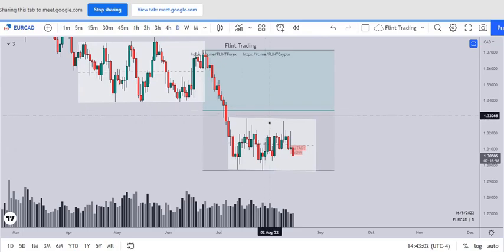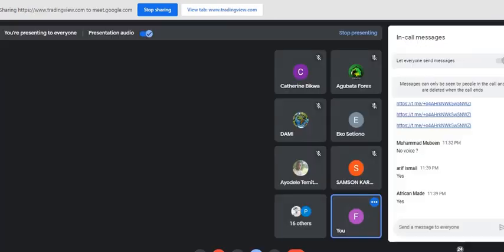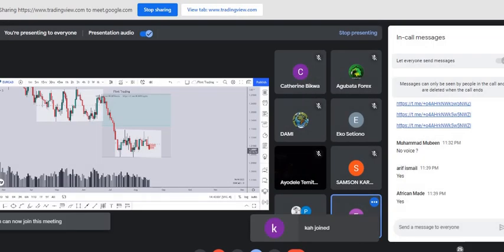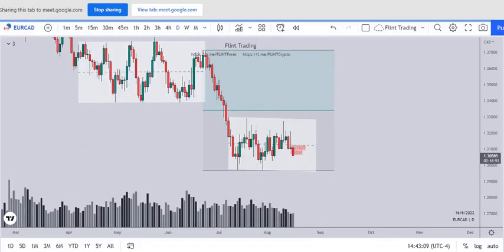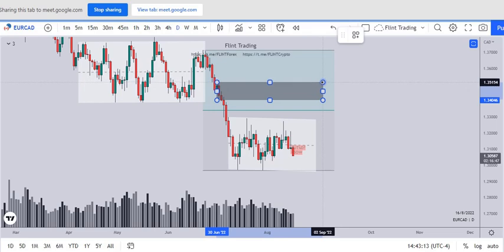So I was expecting price to go upside by this point. This is an unmitigated supply zone right there, because this was the last demand zone; price came down, got a reaction from that, and again pushed down.